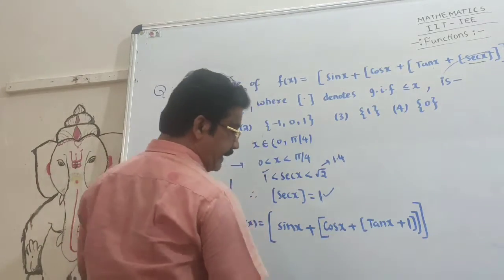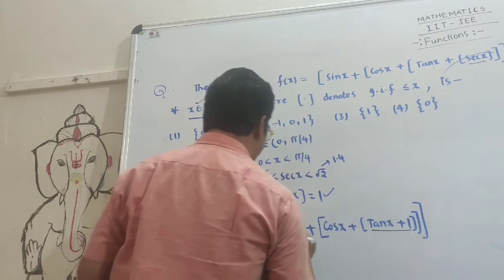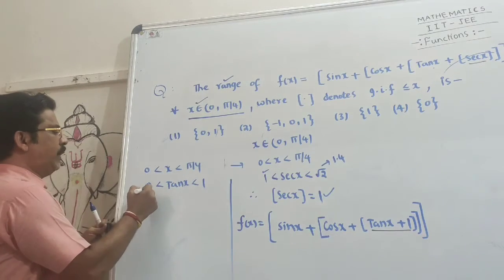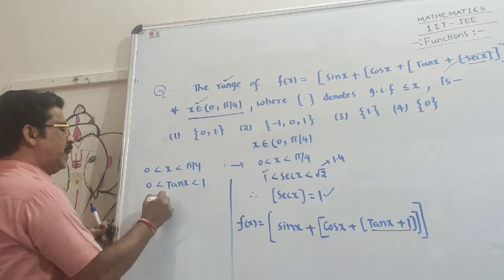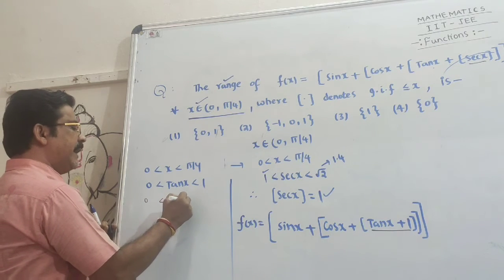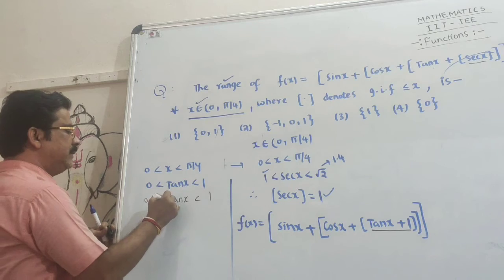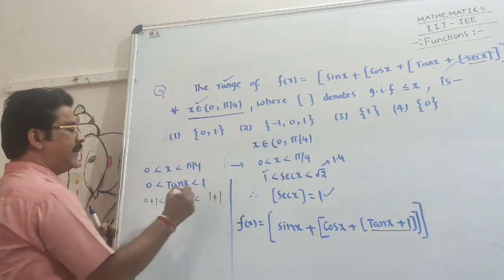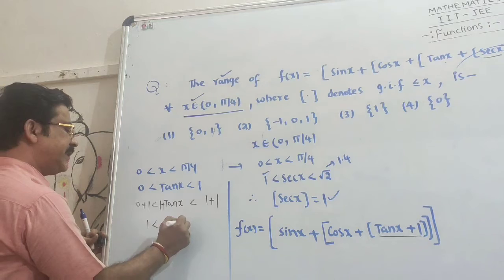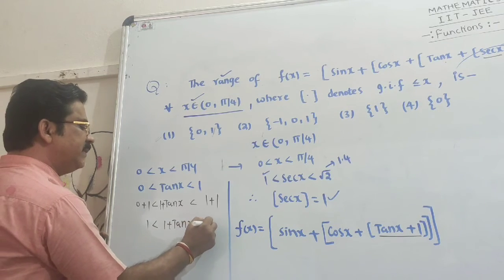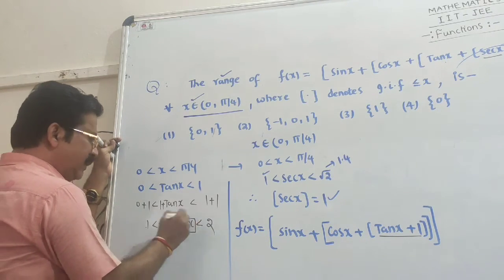We have to get the expression tan x plus 1, so adding 1 throughout: 0 less than tan x less than 1, then 1 less than 1 plus tan x less than 2. So this value lies between 1 and 2.